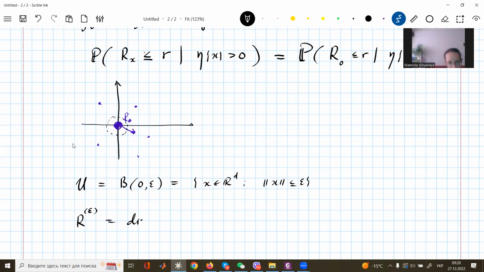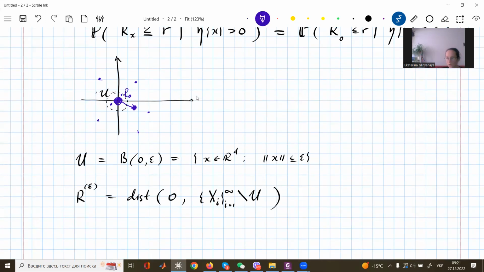This will be the distance from 0 to the point process x_i, i from 1 to infinity, without U. So this is my small ball U, and I can have some points of the point process in it, but I consider the distance only between 0 and points outside of U. And we suppose that when epsilon tends to 0, this distance will tend exactly to the distance between 0 and other points in the point process.